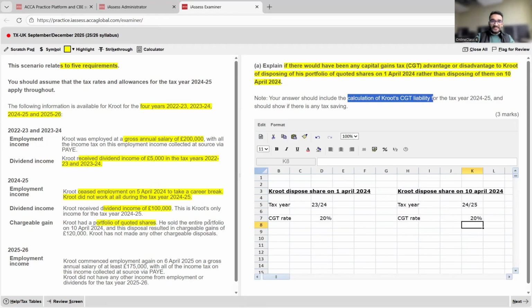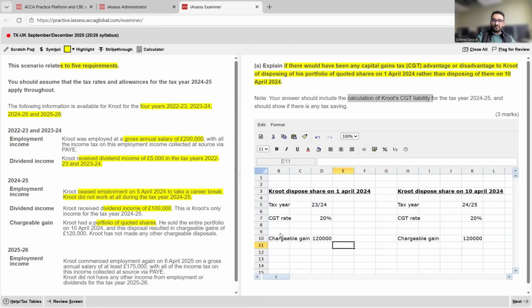He's selling the entire shares. The disposal results in a chargeable gain. In both cases, the chargeable gains will be 120,000. We have to assume the tax rates of 24-25.